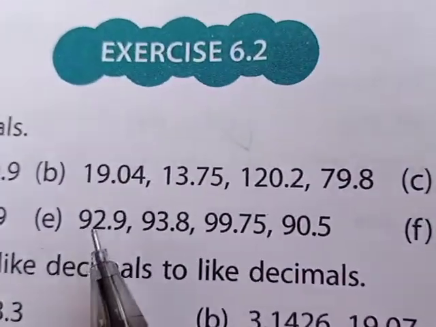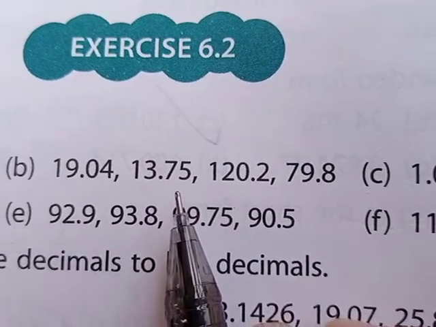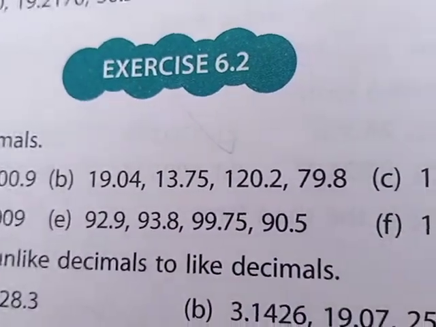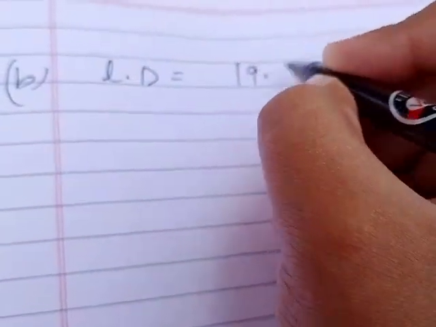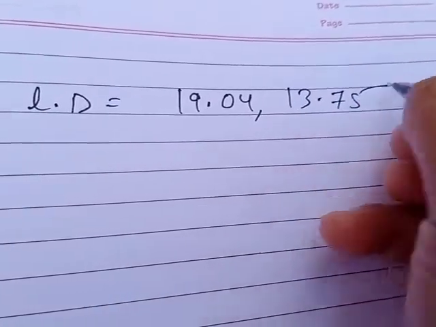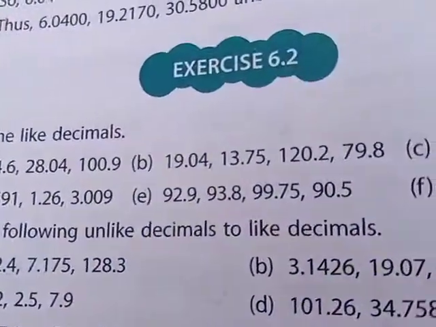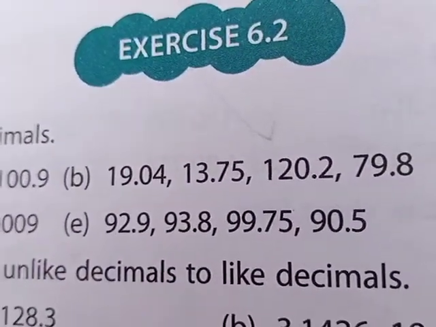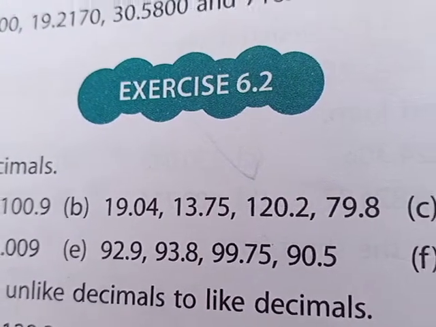So in 19.04, after the decimal 2 digits, 13.75 after the decimal 2 digits. So this will be the first like decimal pair: 19.04 and 13.75. Clear? What would be the other like decimal pair? Other like decimal you see 120.2 and 79.8.